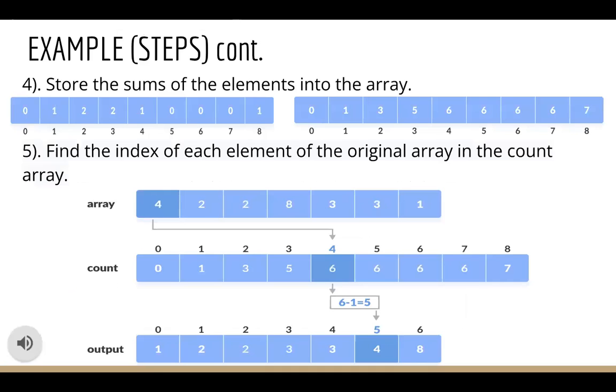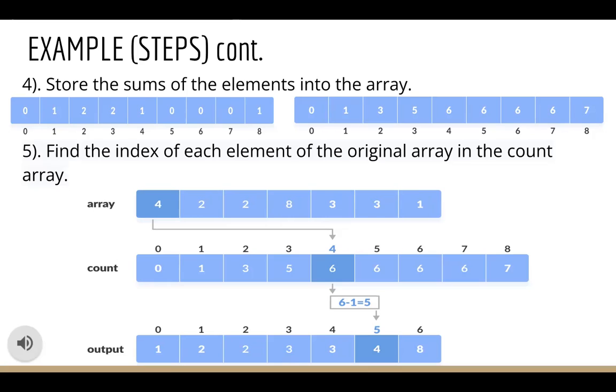So here I'll be going over the steps we were going over in the previous slide. So in step 4, I wrote store the sums of the elements in the array. So on the left, I have what was in step 3, just so we can see. And on the right picture, I have the actual sums of the elements.